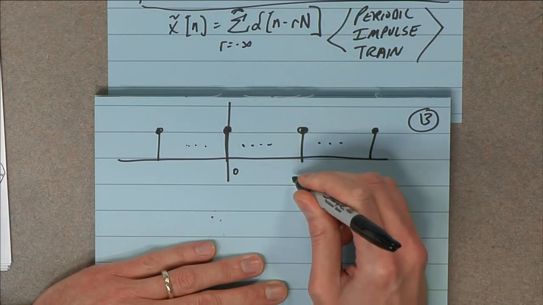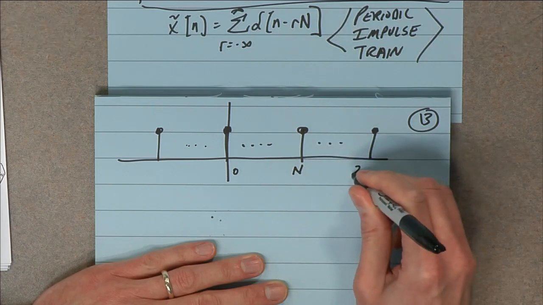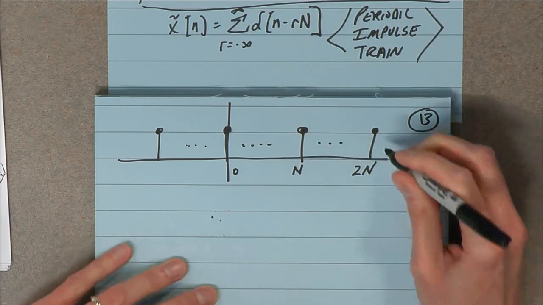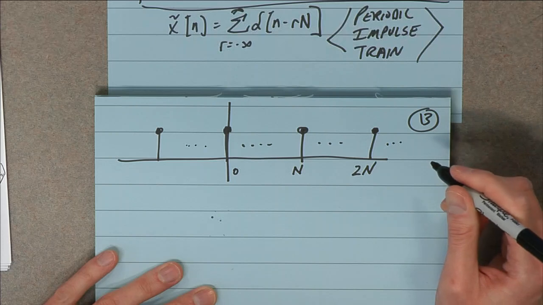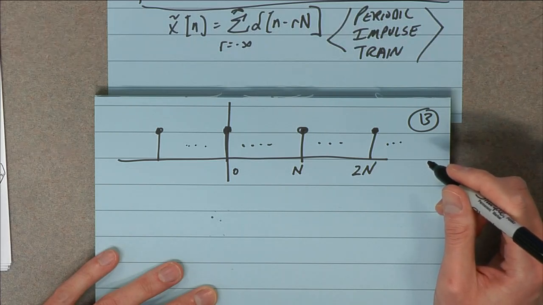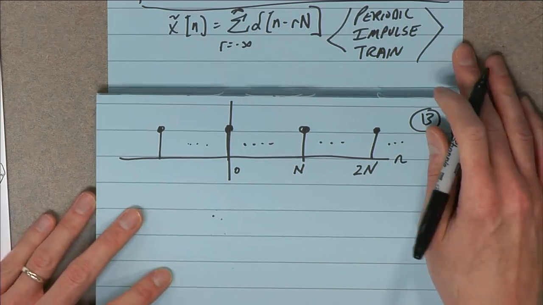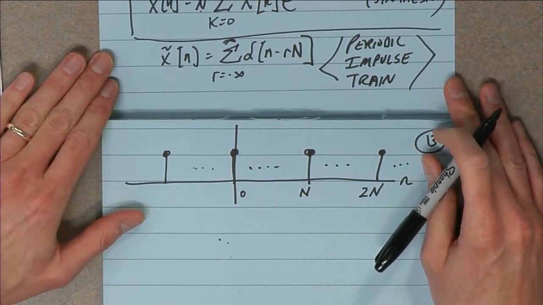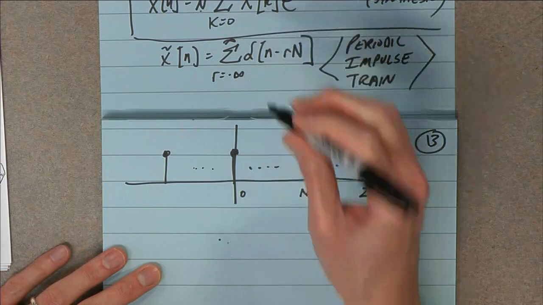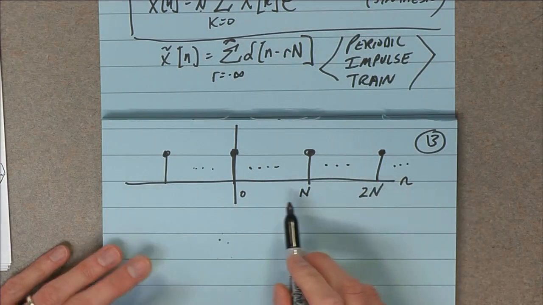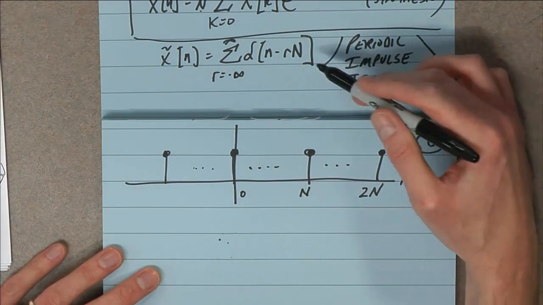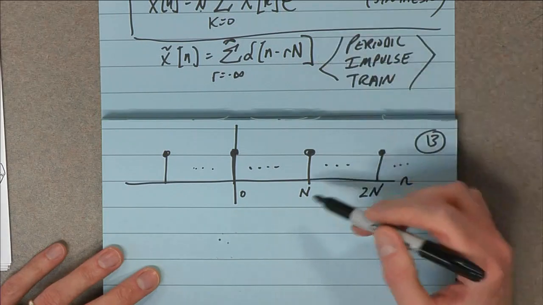So at every multiple of n there's an impulse, because r equals negative infinity to infinity. Make sure that's clear. So you can see it's just a bunch of unit impulses separated by n.